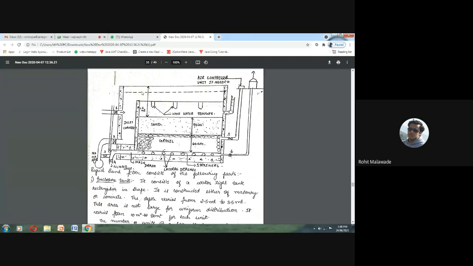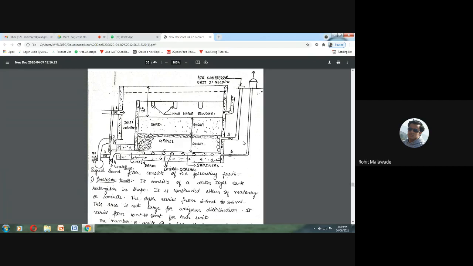Then the cleared water is going to come through valve number 2. Valve number 2 and valve number 3 should be kept open, and valve number 4 should be kept closed.